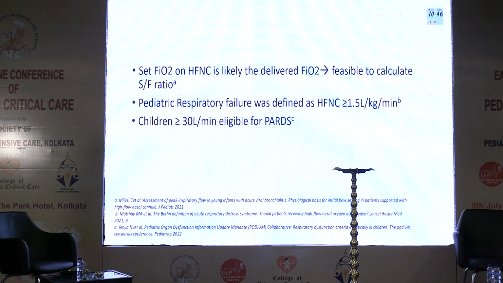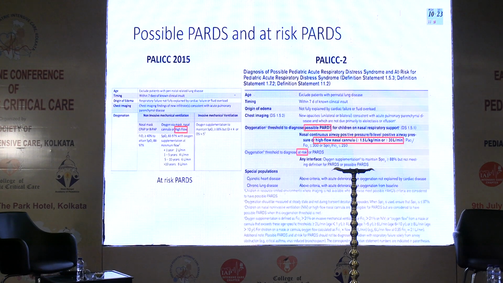The FiO2 can be set on the HFNC, so we can have a very reliable SF ratio, and pediatric respiratory failure is defined when the HFNC requirement is more than 1.5 liters per kg per minute, and children requiring more than 30 liters per minute airflow are eligible for ARDS.